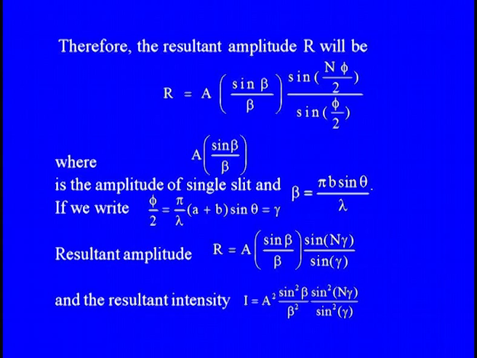If we write phi by 2 equal to gamma, which is equal to pi by lambda into (a plus b) sin theta, then the resultant amplitude R will be equal to A sin beta by beta sin n gamma divided by sin gamma. Therefore, the intensity of the resultant wave will be equal to A squared sin squared beta by beta squared into sin squared n gamma divided by sin squared gamma.